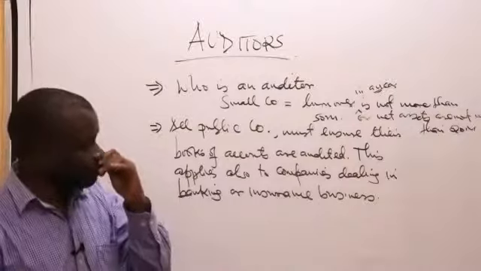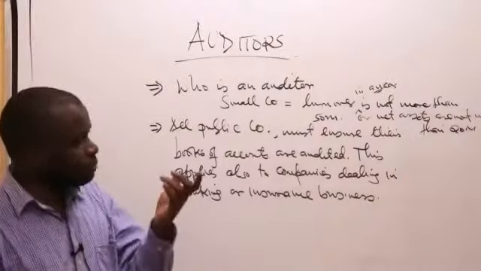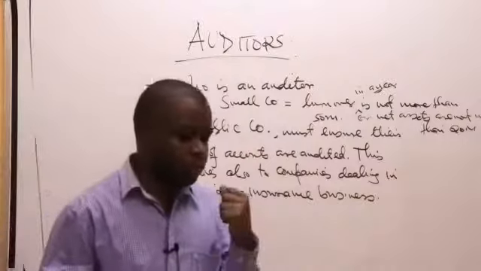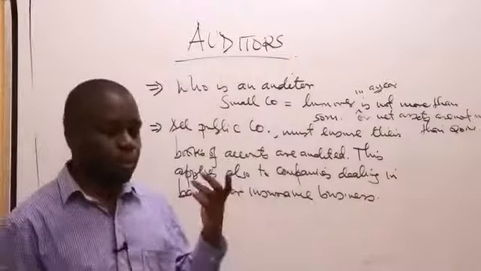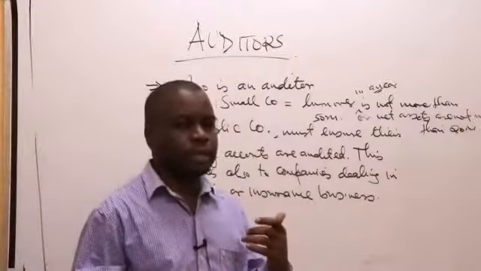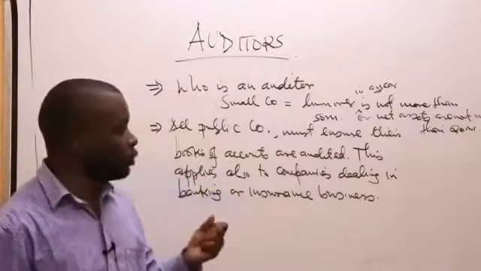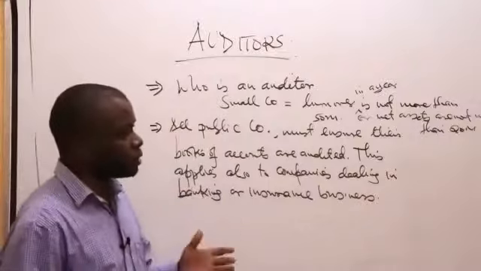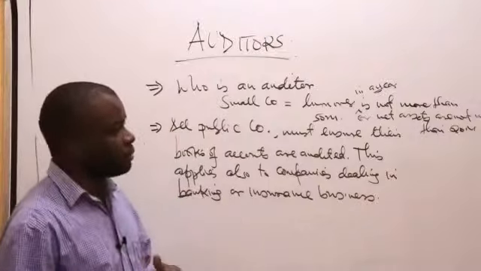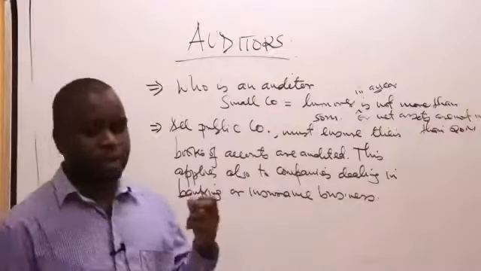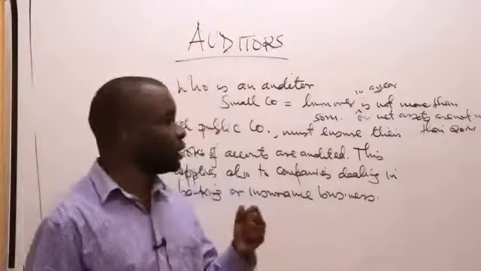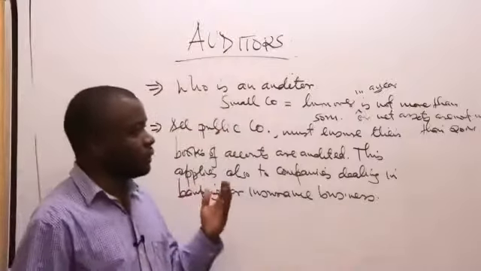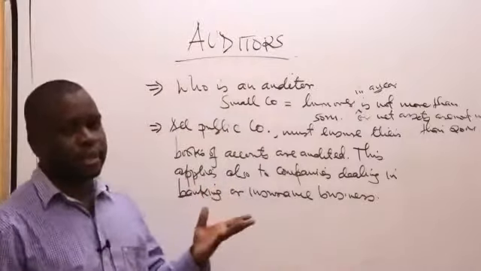But of course, sometimes other requirements force them to ensure that their books have been audited. For example, if these small companies want to make a return to the Kenya Revenue Authority, they must provide audited books. Nowadays, even if you want to open a bank account as a private limited company, you will be required to bring audited financial statements for the last maybe three years.